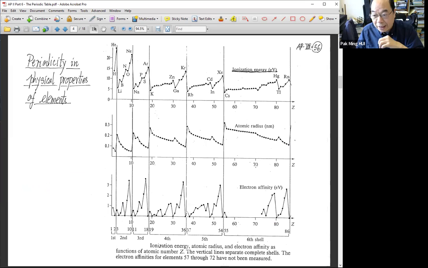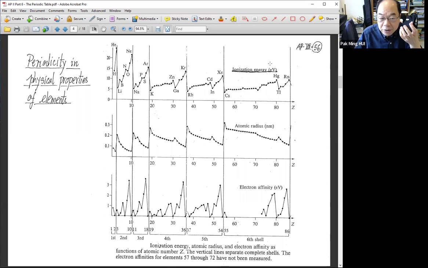So periodicity. Periodic table means there's some periodicity in the physical properties of the elements. So here are the standard ones. And I will also want to introduce this idea to prepare for our later discussion on molecules. So the first thing here, you see something called the ionization energy. More precisely, it is the first ionization energy.